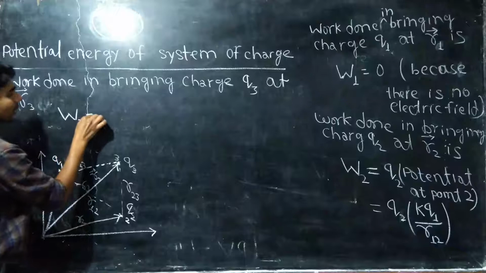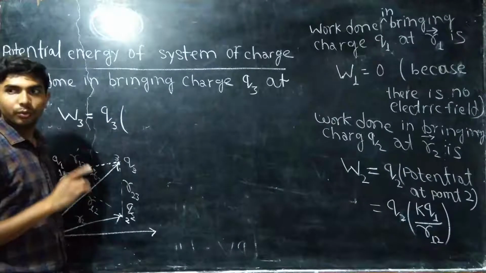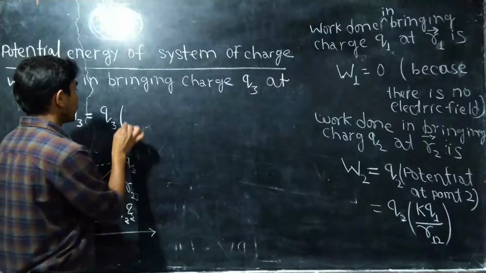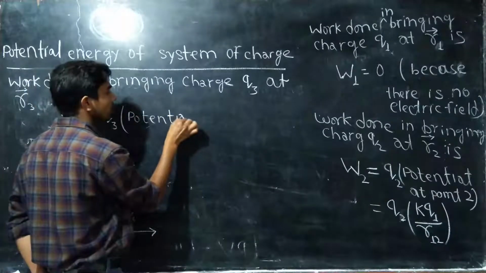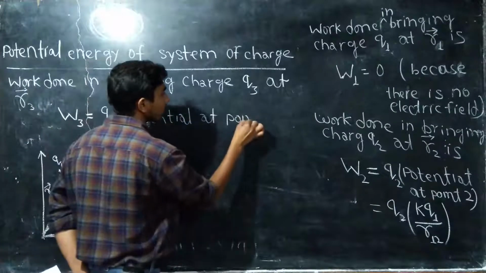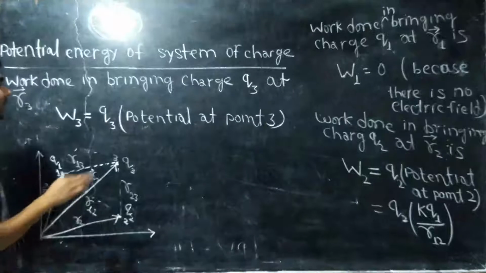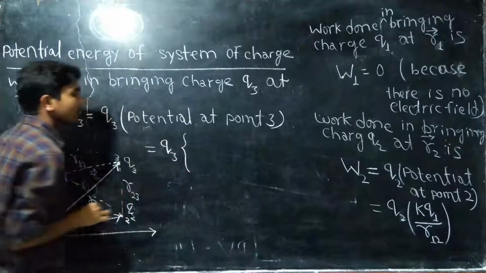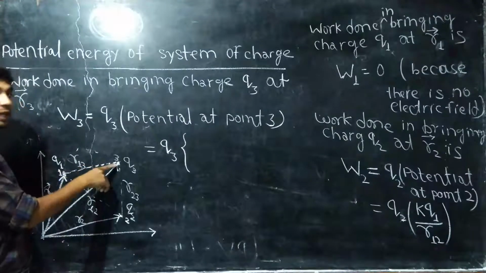This W3 is again Q3 into potential at point 3. And what is the potential at point 3? See, this charge will also create potential at this point.